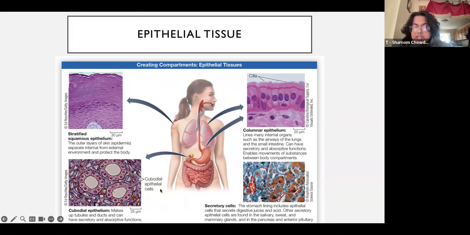The stomach lining also includes epithelial cells that help secrete acid or digestive juices in order to help with absorption later on. And then we also have some epithelial cells that line the internal organs, such as the airways of the lungs and the small intestines, and they also have secretory and absorption functions.